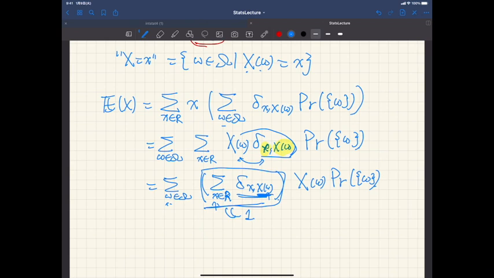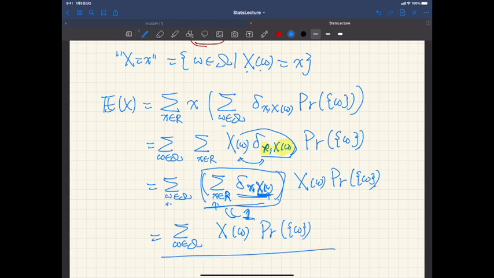So only one of these lowercase x is equal to this uppercase x of omega. In which case, the value will be 1, and in all other cases, the value is 0. So the summation should be 1. Right? So this is equal to the sum over omega of x of omega and probability of omega.